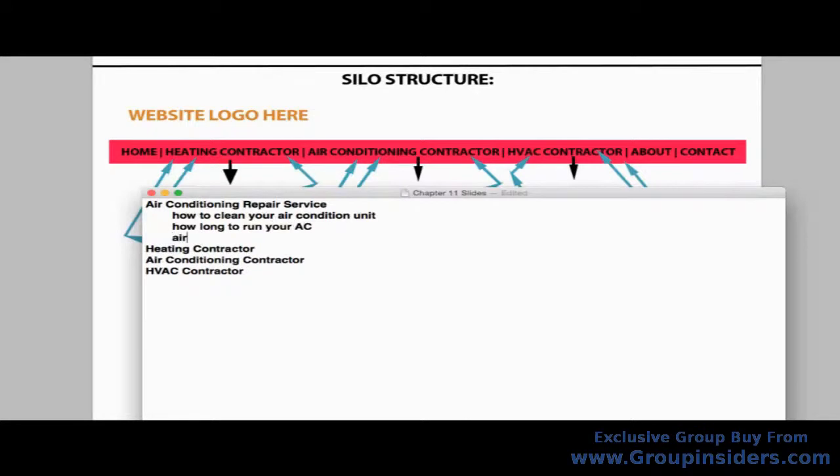Let's make a page for air conditioning costs in city. So you see what I'm saying? All of these pages are related to the top category page, and that's how you're going to get the most effect out of a silo. If you have related pages linking back to the top category page, Google's going to see this top category page as an authoritative page on your site, and it's going to want to rank this really high.